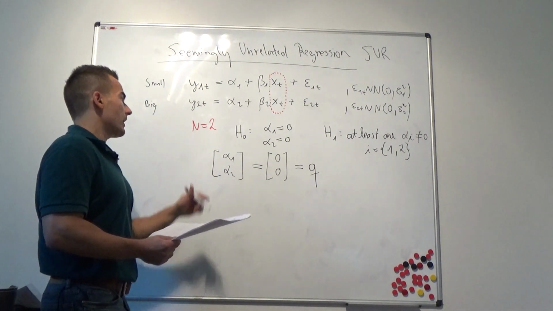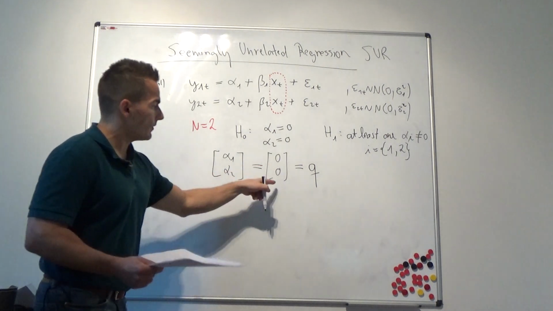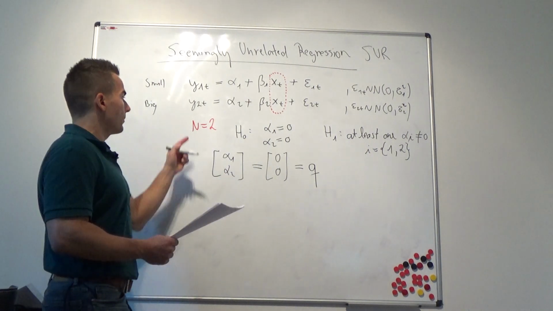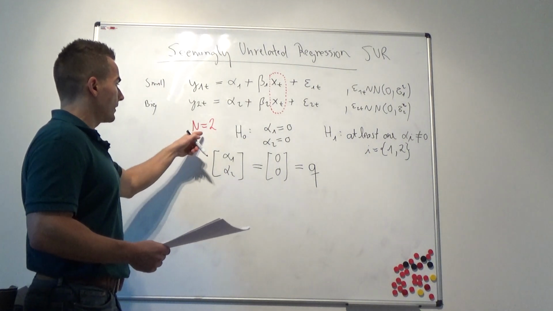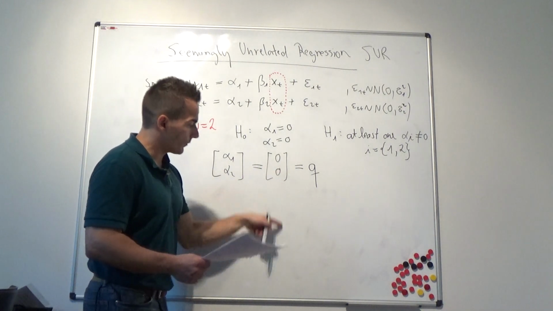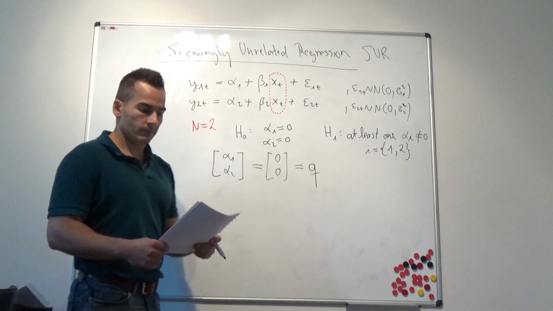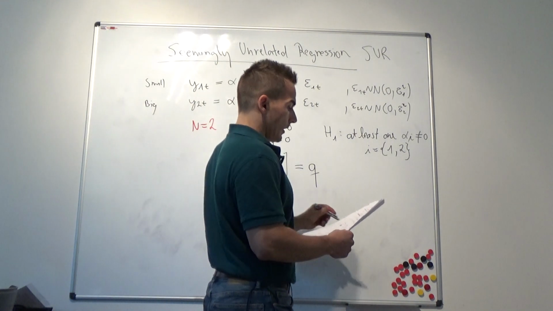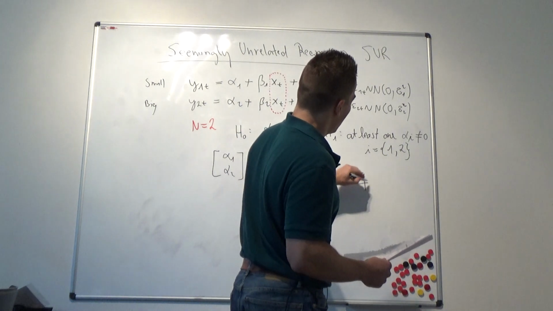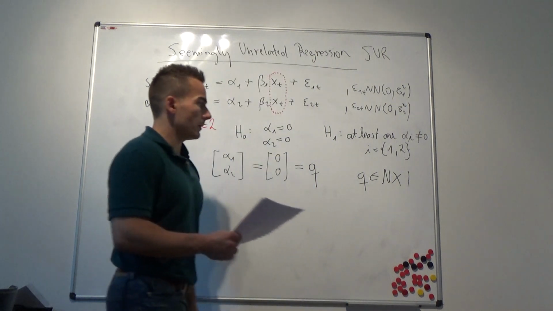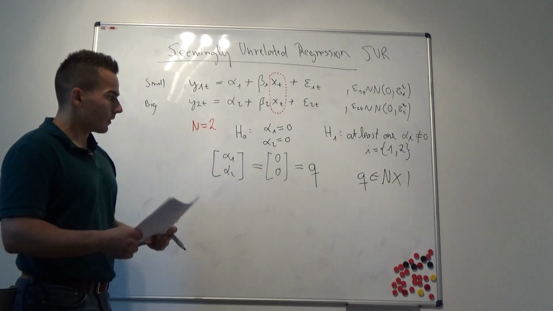And again, when the dimension is larger, these would also be larger. It depends on how many test assets we have. If we have 30 test assets, then this would be a 0 vector that has 30 0 entries. Very simple. So q has the dimension n by 1.